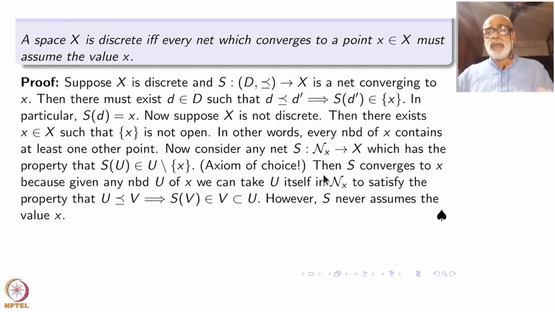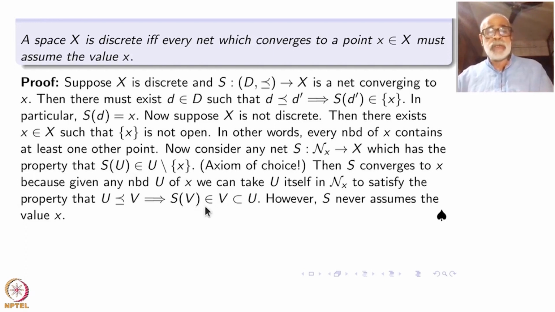This S converges to x because given any neighborhood U of x, we can just take U itself, and for everything which follows U, that is, U less than or equal to V implies S(V) must be inside V, right?